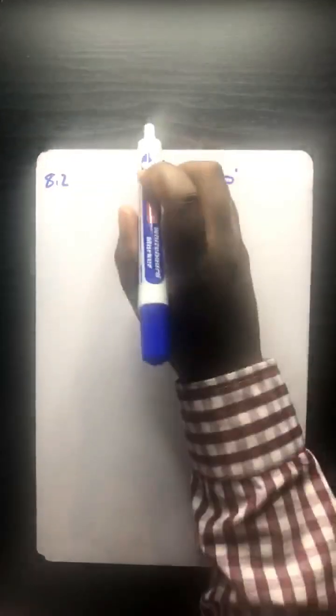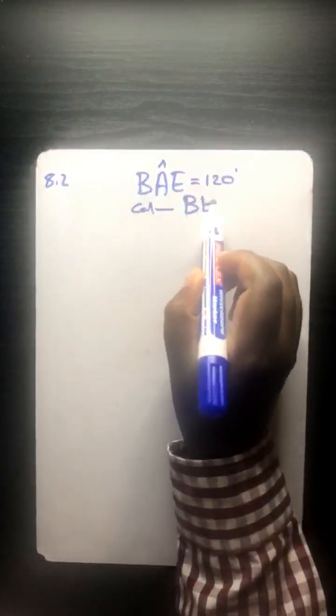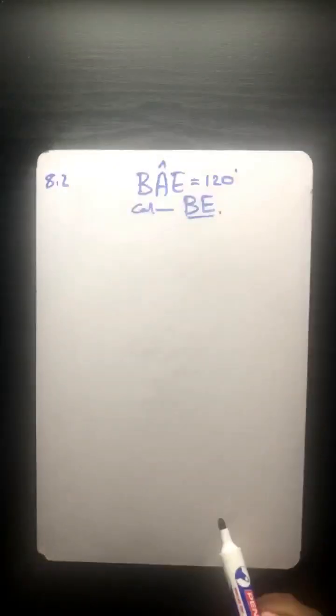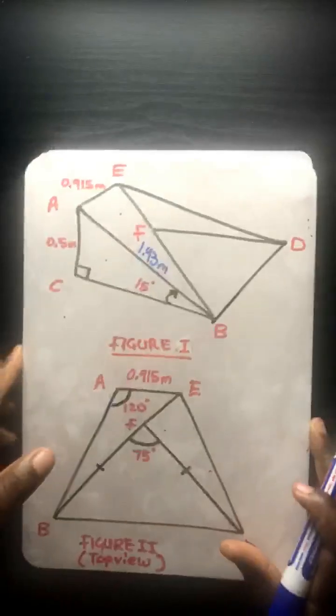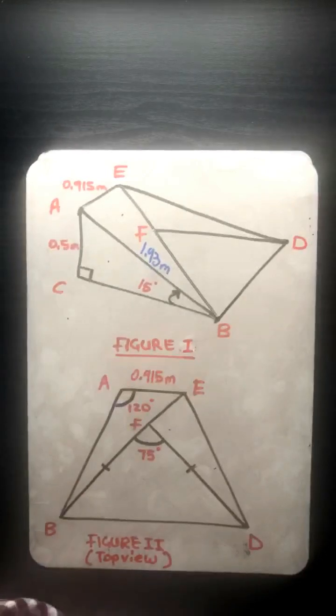So now they want you to calculate BE. Remember, guys, in mathematics, when something is written in capital letters, you know they want you to calculate the distance. So they want you to calculate the distance of BE. So what can we use? Do we not have the formula for the distance? I think the formula for the distance is always given to you guys.